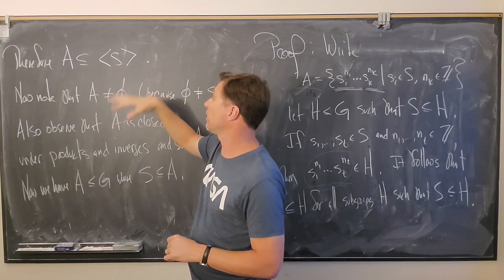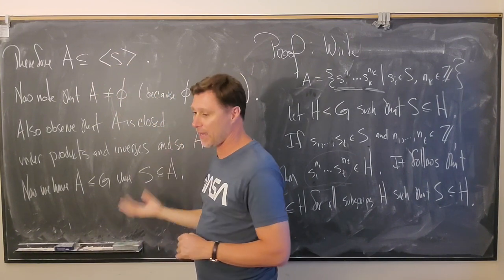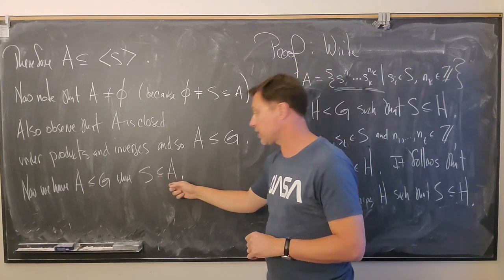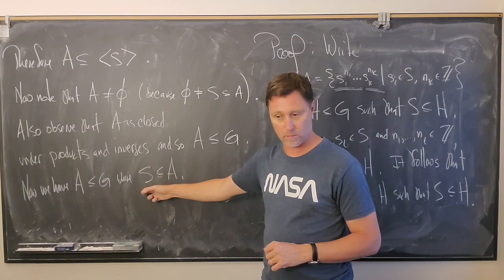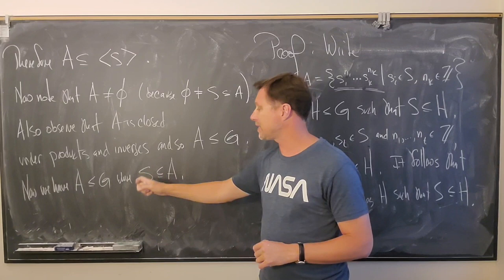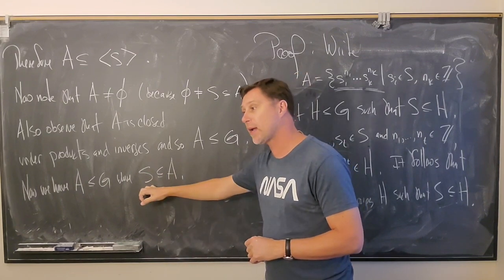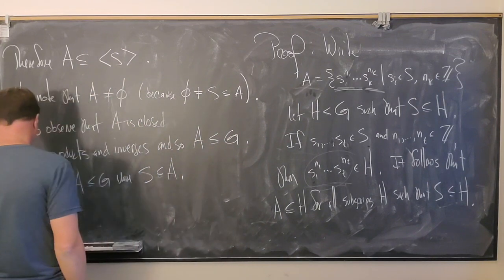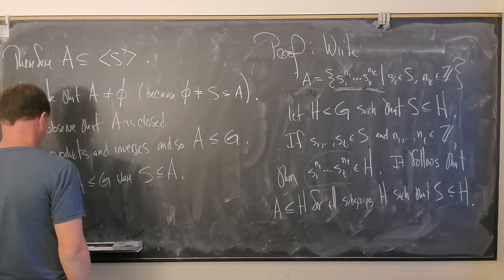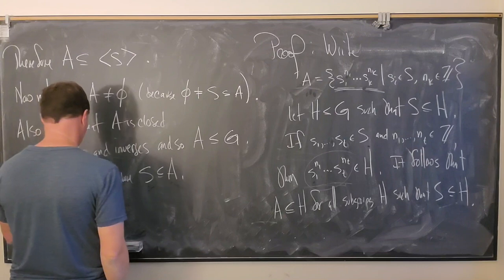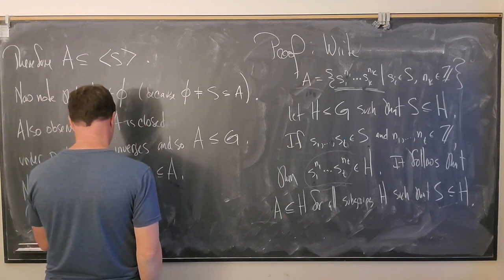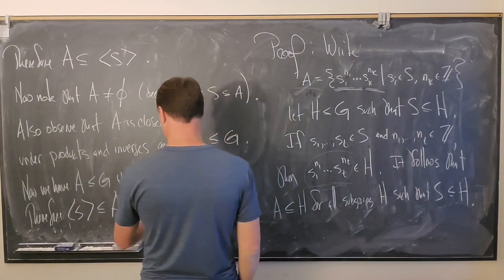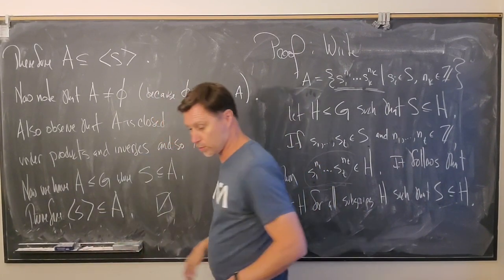It's the intersection of all subgroups that contain S. Well, A is one particular subgroup that contains S. Since A is a subgroup that contains S, that tells us that angle bracket S has to live inside A. So therefore, angle bracket S is contained in A. That gives us equality. And so that's the end of the proof.